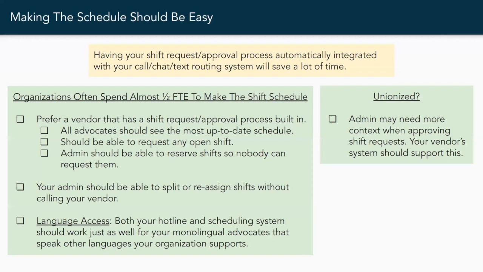But when monolingual English-speaking advocates speak to monolingual Spanish speakers through the translator their agency has selected, those calls tend to be of a rather different nature. They tend to be more about getting resources. They're shorter calls and more about really just getting the caller pointed in a different direction.